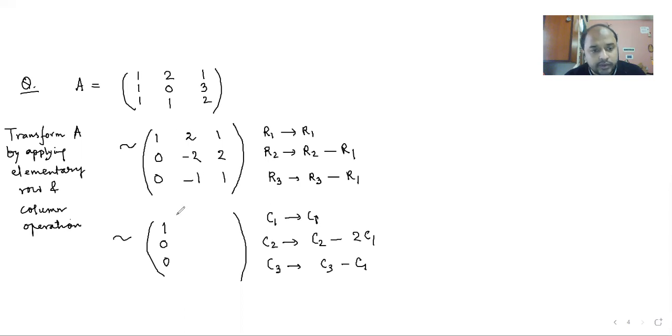So 2 minus 2, that is 0, minus 2 minus 0, that is minus 2, minus 1 minus 0, that is minus 1, 1 minus 1, that is 0, 2 minus 0, that is 2, 1 minus 0, that is 1. Okay.